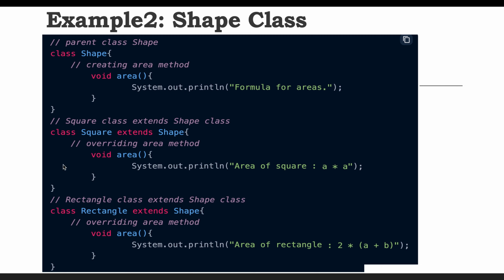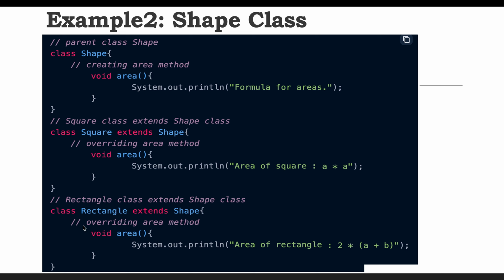So this Square class is going to behave like a child class. Since it is implementing the same method as the parent class method, this method becomes an overriding method, and the implementation can be anything specific to, let's say, the square. Similarly for the Rectangle.